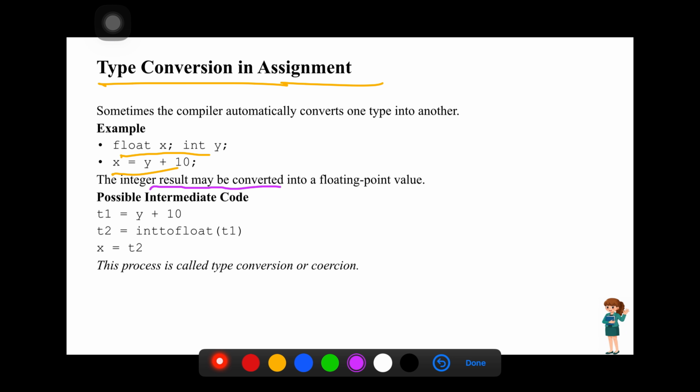Since x is a float, the compiler can convert the integer result into a floating point value. The intermediate code can look like T1 equals y plus 10, T2 equals int to float T1, x equals T2. This process is called type conversion or coercion.